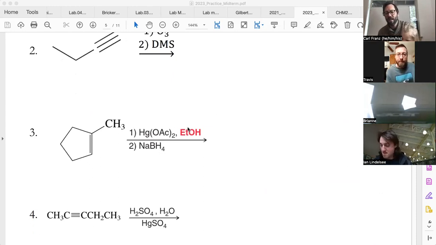Will we see that tacked on to all of these mechanisms? No, not necessarily. It depends on what the other reagents are in combination with that. Remember last quarter we talked about there being alcohols in there as part of the solvent. We're not going to include them in these mechanisms because they're just a solvent. If they're in there, they're going to be doing something.